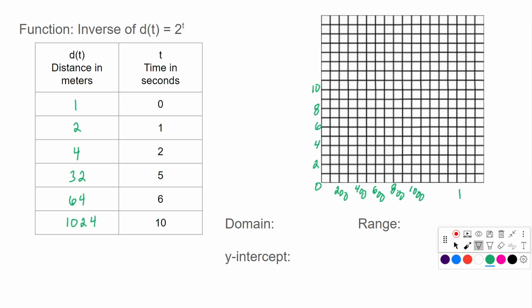So this time the input is distance and the output is time. So at 1, we are at 0, so really close to that origin. And at 32, we are going to be at 5.